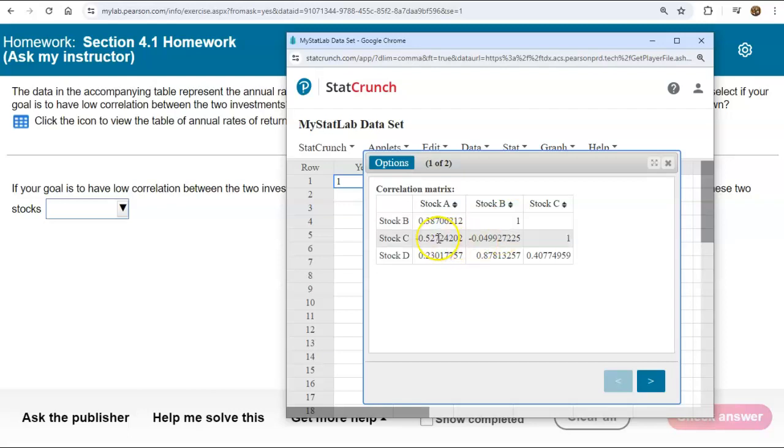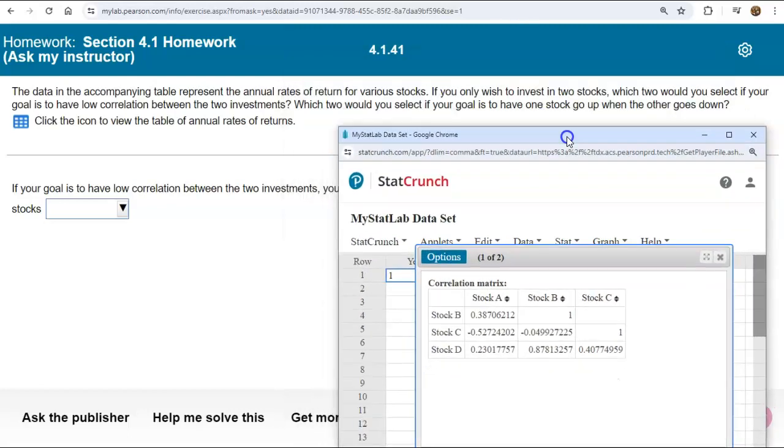If it's a negative 1, that means they're perfectly correlated in the opposite direction. So if one of them goes up by 20%, the other one goes down by 20%. So they change in exactly the same way. If something is perfectly correlated in the same direction, it'll be positive 1. And if they're in opposite directions, where one goes up and the other goes down, it's negative 1.